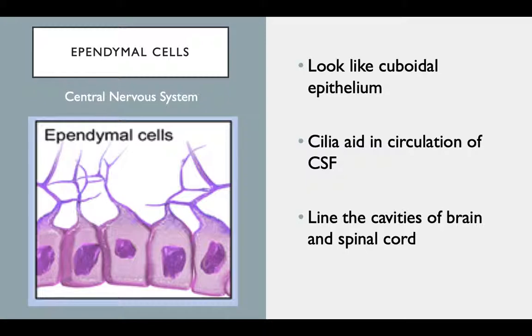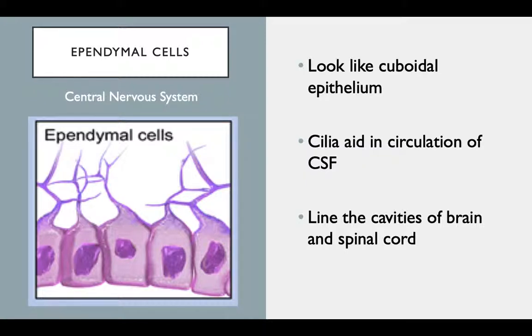Next, we have ependymal cells. These cells are found in the ventricles and line cavities of the brain and spinal cord. They secrete and circulate cerebrospinal fluid, also known as CSF. These cells, in physical appearance, tend to resemble cuboidal epithelium, if you're looking at it histologically. Although they look like them, they do not contain basement membranes.